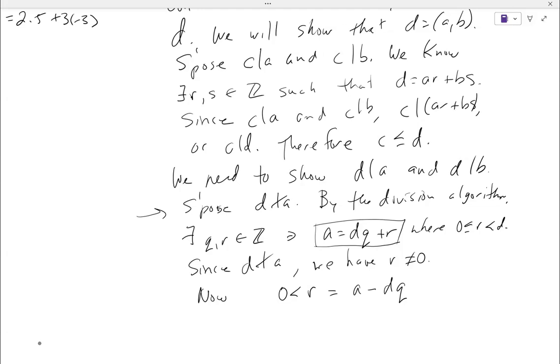We have something we can substitute in this equation. Which of the A, D, and Q is something that we can substitute in for? You can substitute D. And what is D equal to? AR plus BS. Good.